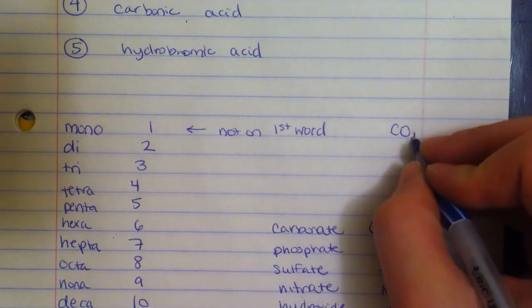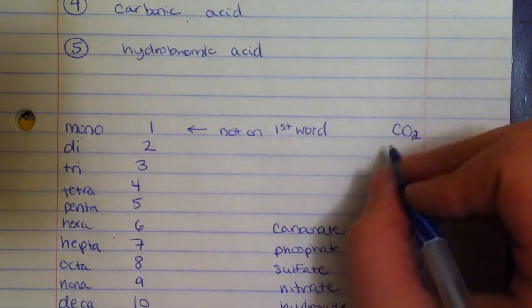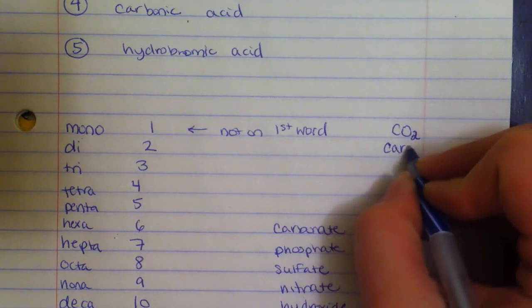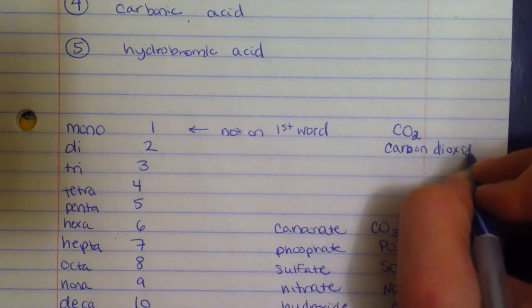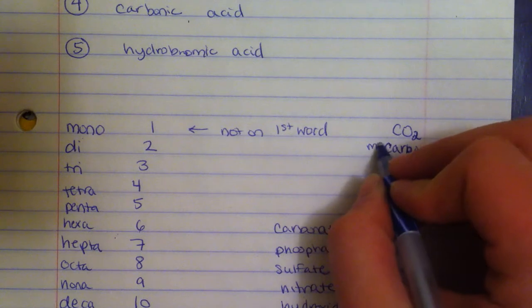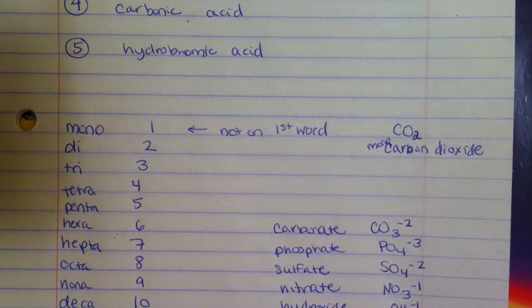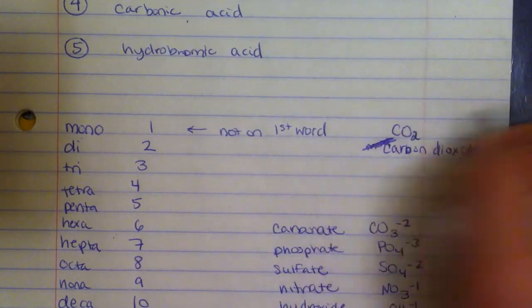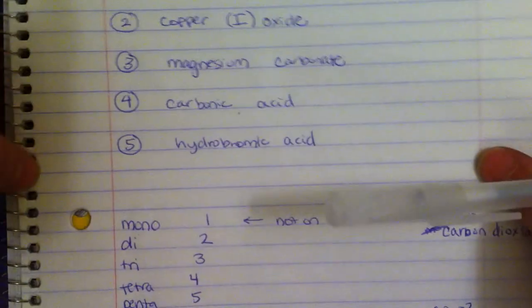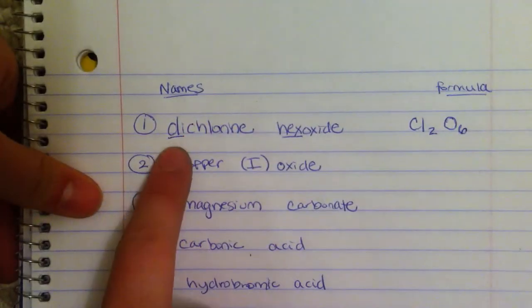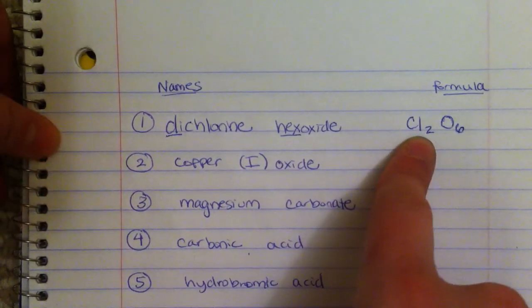This compound, CO2, you know that. It's carbon dioxide. It's not monocarbon dioxide. Not mono on the first word ever. The other ones you can use. Like here we had a di, so we would use a di.